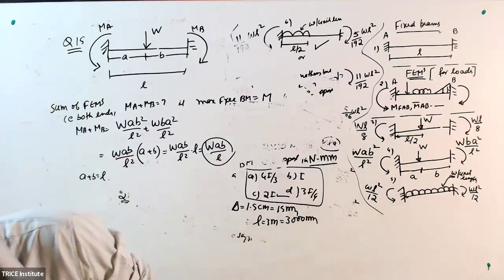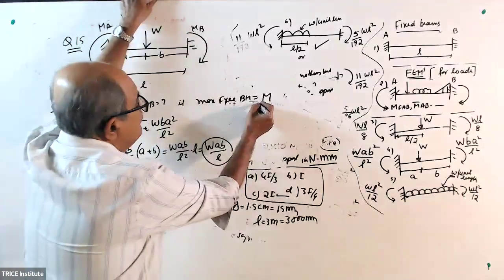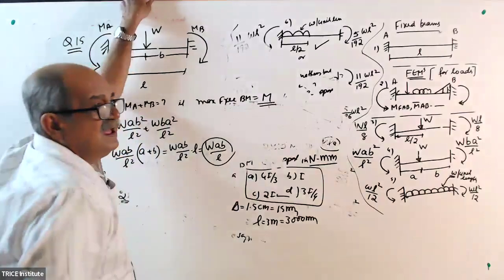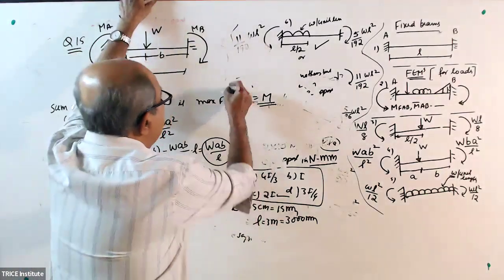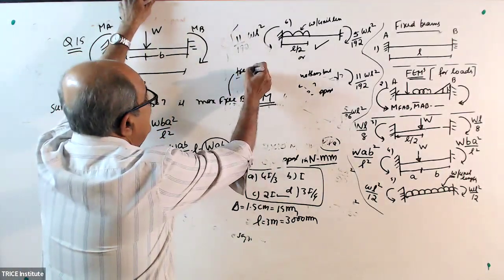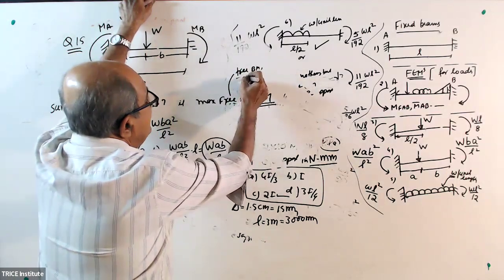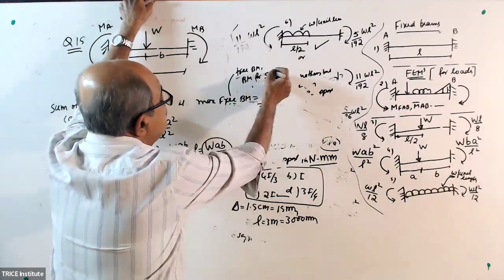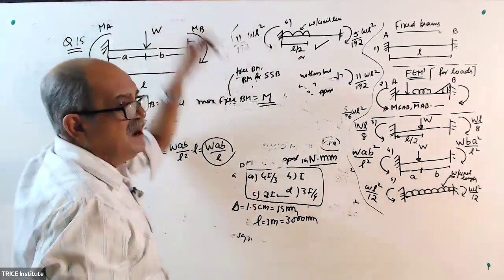Then they are telling the maximum free BM is M. Anybody can tell what is free BM? Free BM is the bending moment for a simply supported beam. You should know it.